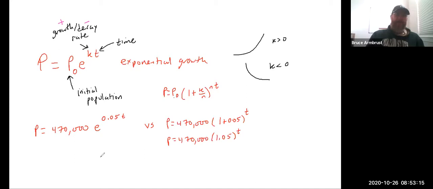Yeah, okay. All right, so the real question is, which of these do we use, right? Do we go just straight to the exponential growth formula, or do we use this guy?